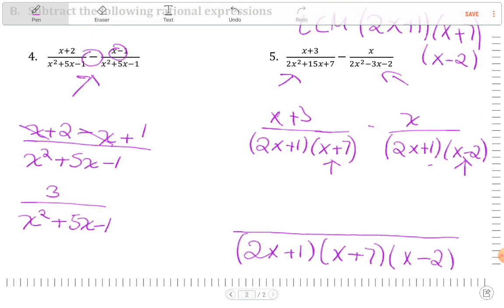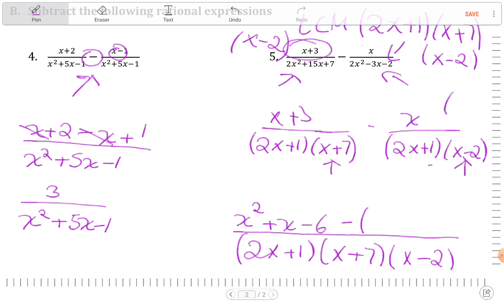And let's see. For my first piece right here, in the denominator I already have the 2x plus 1 and the x plus 7. So the only thing that I need to multiply out would be the x minus 2, which is then going to turn into an x squared plus x minus 6. And then I'm going to subtract. On this denominator, I have a 2x plus 1 and I have an x minus 2.